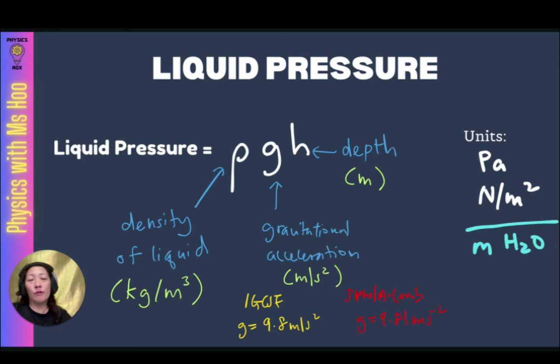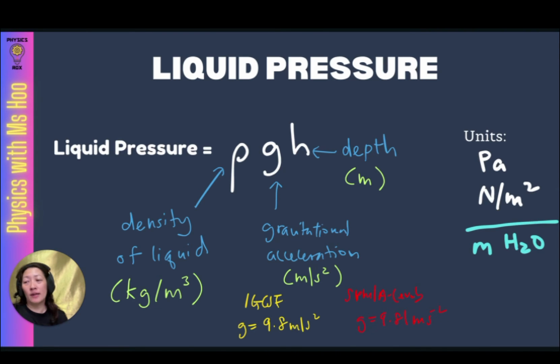So meters H2O means that it's equivalent to a certain depth of water. For example, if you write 10 mH2O, that means that the pressure is equivalent to 10 meters of water that is being exerted, meaning the pressure exerted is equivalent to 10 meters deep of water pressure.